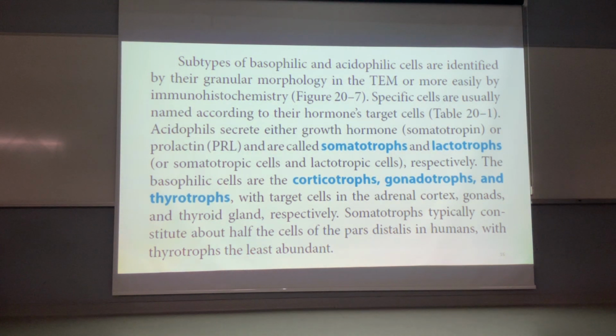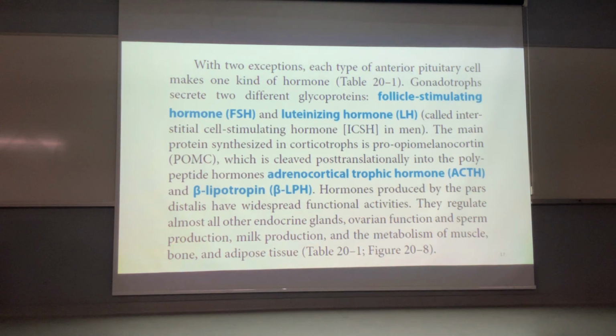But the basophilic cells have a role in production of corticotropes, gonadotropes, and thyrotropes. Thyroid stimulating hormone comes from the basophilic cells. The hormones produced from different cells are very important. You should know these hormones.